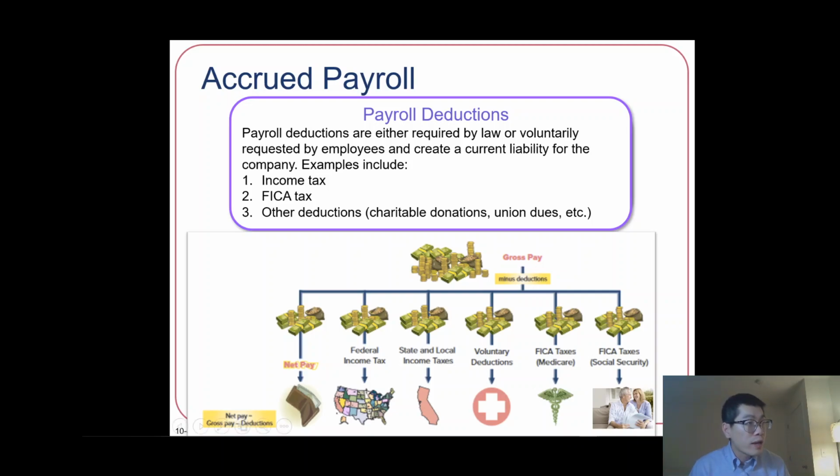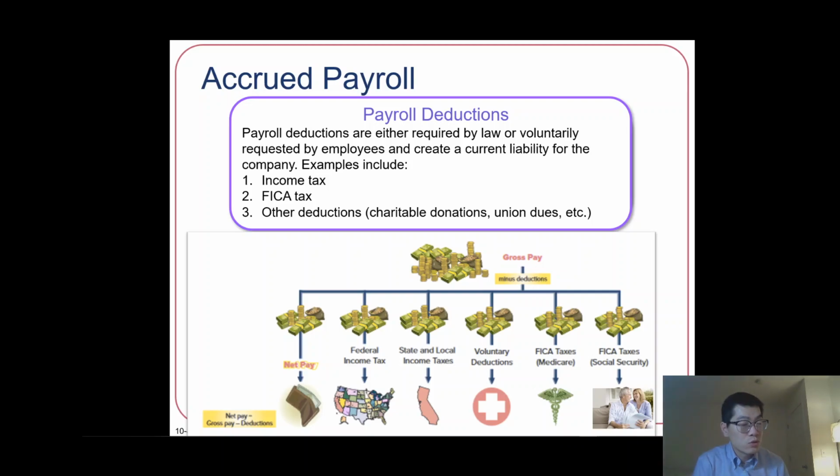For FICA, the Social Security tax is one of the FICA taxes, and that is about 6-something percent of your gross income. For example, your gross income is $50,000 a year, and your Social Security tax will be, let's say, 6.25% of your $50,000.